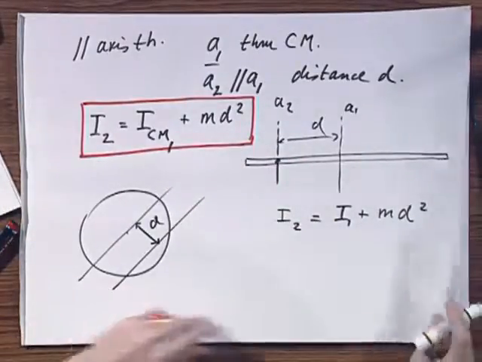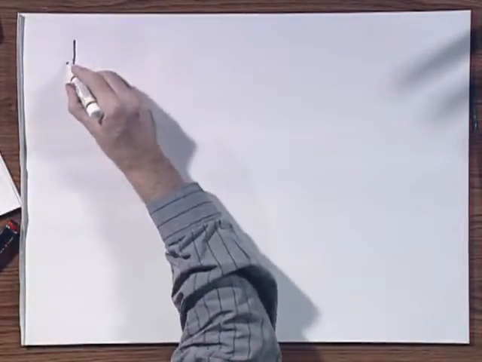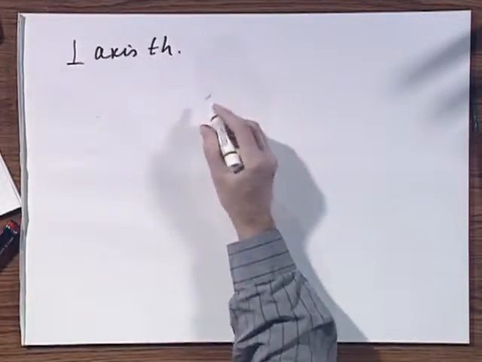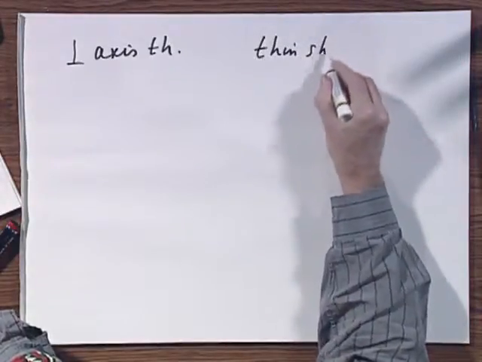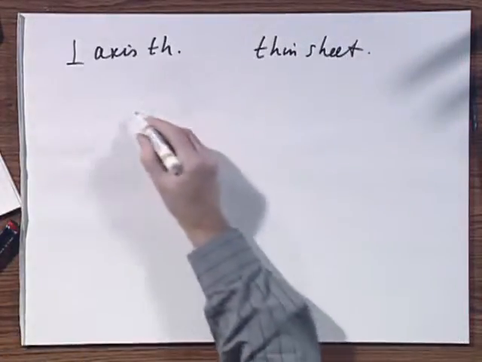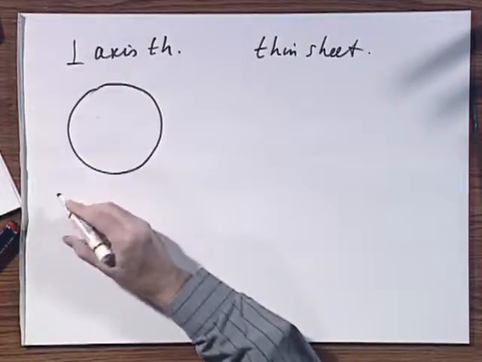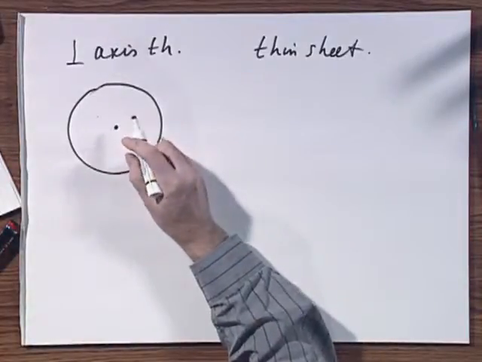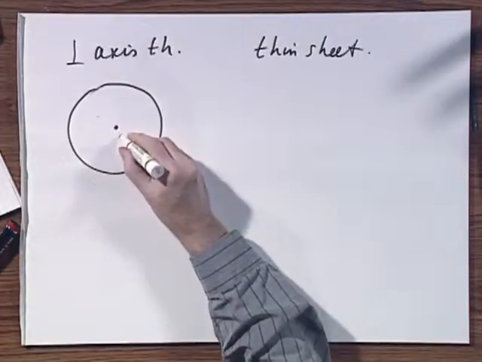And then there is another theorem, which is called the perpendicular axis theorem. And this only works when you work with very thin sheets. So suppose you have a very thin circular disc, and I have an axis of rotation perpendicular to the paper. Let's call that the z direction.